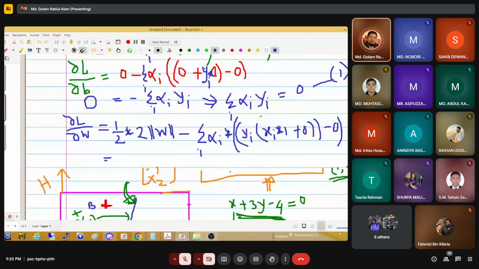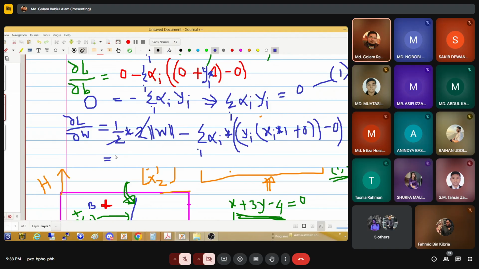Then we will get, here the 2 and half cancel out. As I already mentioned, the half is taken for mathematical benefit. We can cancel it out so that there is no need of the square root, or we can say no need of the multiplication.